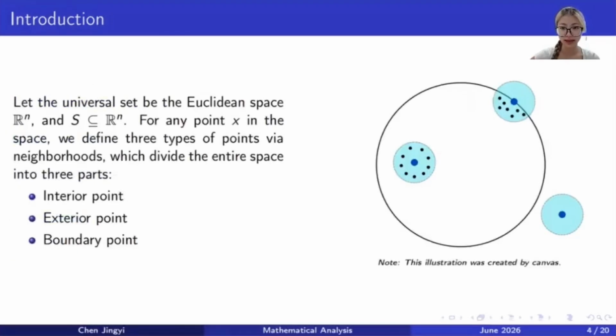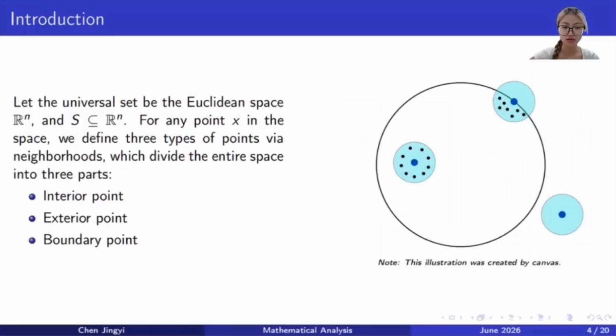Let's start with the basic idea. Imagine we have a universal space. We call the space Rn, which is just a normal Euclidean space. Inside the space, we pick a set, and we call it S. Every single point in this entire space can be put into one of three groups.